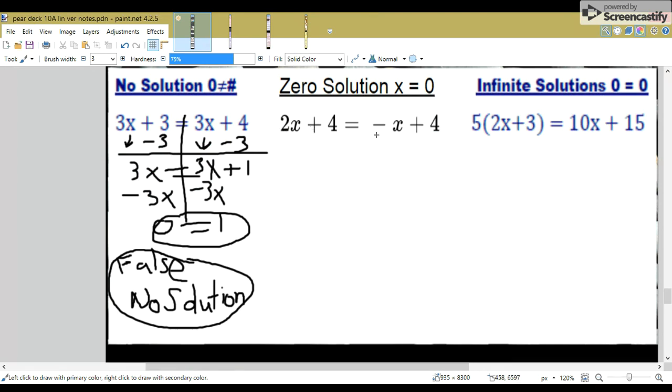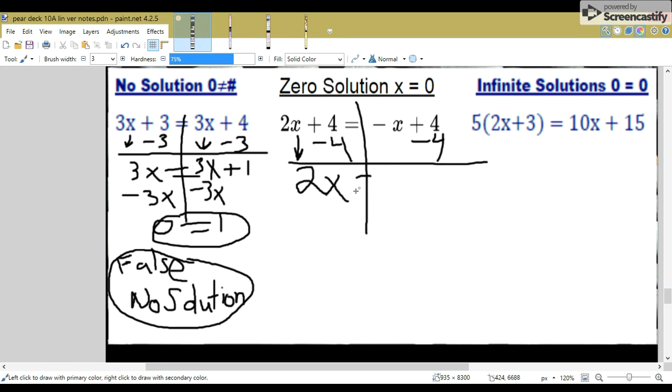2x plus 4 equals negative x plus 4. Subtract the 4's from each side of the equal sign. Bring down our other terms. So 2x equals negative x and 0.